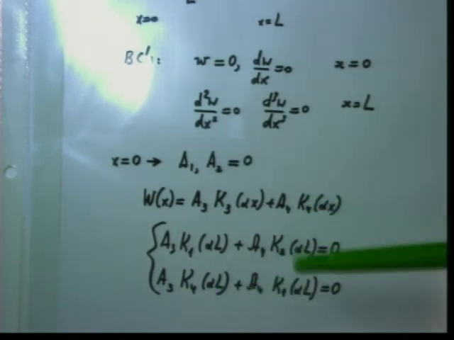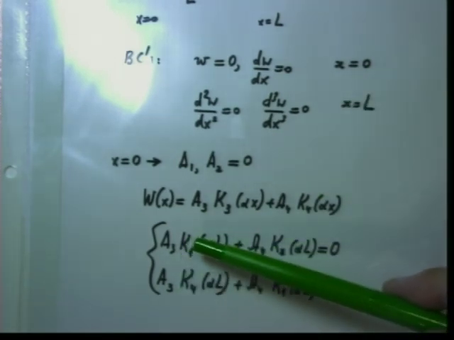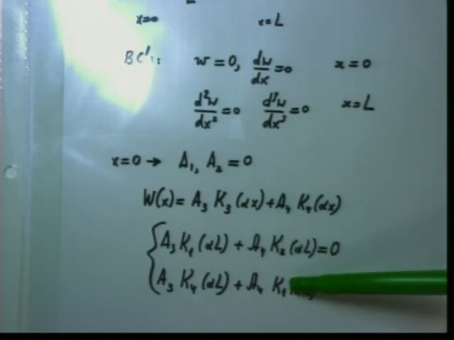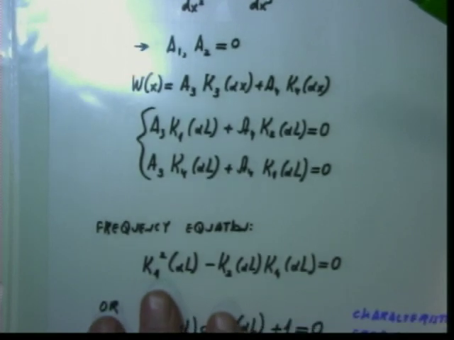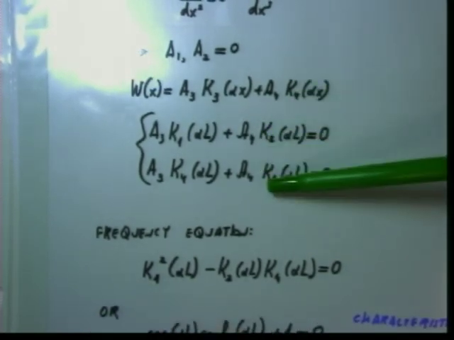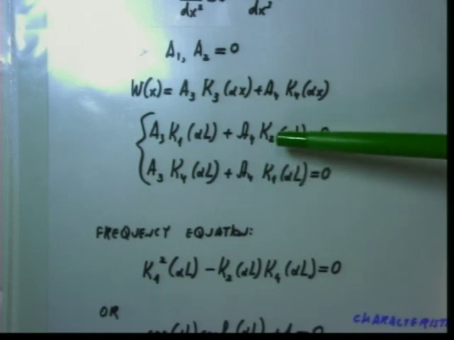Additional derivative will be from K1 we will get K4, from K2, K1. So we get these two equations. So again we can write down two homogeneous equations with respect to A3 and A4.